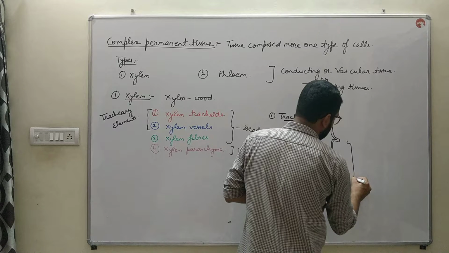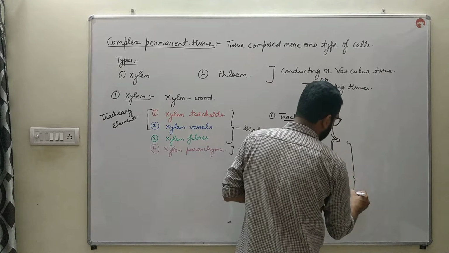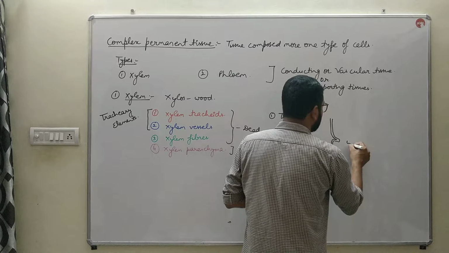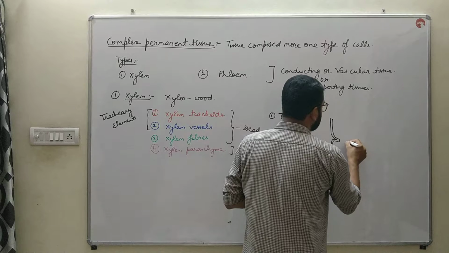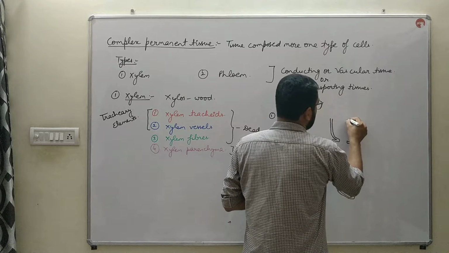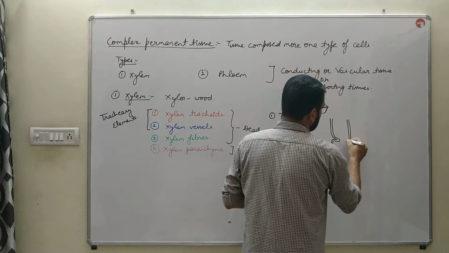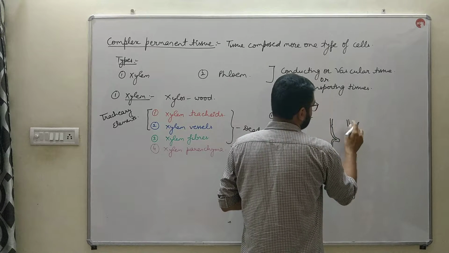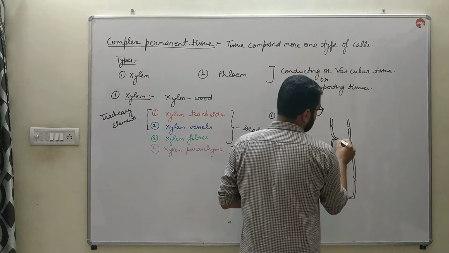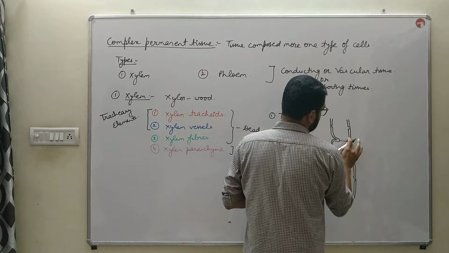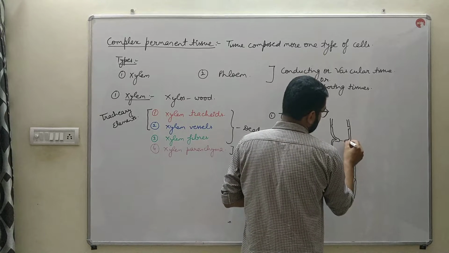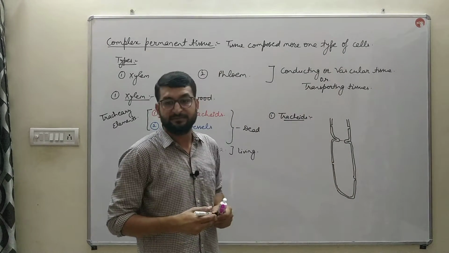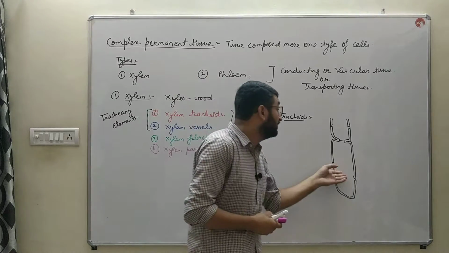They contain a deposition which is known as lignin, and due to the presence of this lignin they provide strength to the plant. So this is the tracheid. This one is referred to as the pit. Through this pit, the water moves ahead.